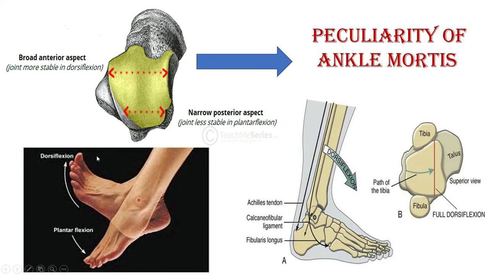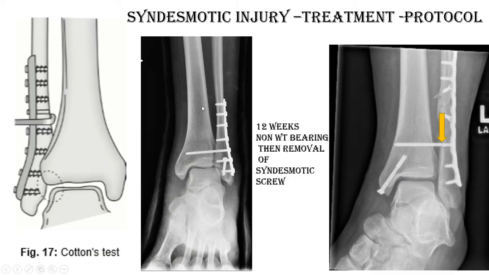So in full dorsiflexion you have to put this syndesmotic screw under CM control, and you have to assure the patient not to bear weight up to 12 weeks, because when you allow weight bearing, there will be a chance of screw breakage and you cannot remove it.